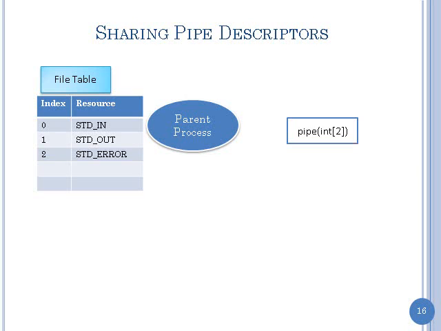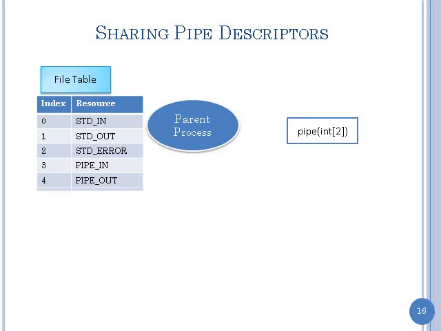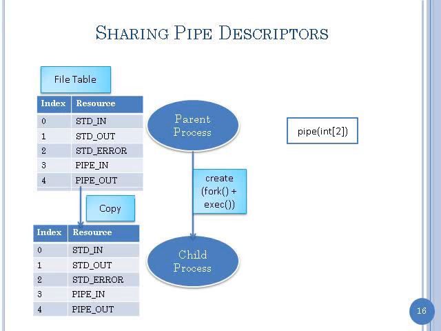And so parent process does a pipe call. Now the parent process has pipe in and pipe out, 2 new descriptors. Okay. What it does next is forks a child. The child will get all of these descriptors. One of the children is going to write and one of the children is going to read. So each child closes one of the descriptors it gets. Okay, it knows. That child is still a shell, by the way. That child is still executing the shell program. So this is all happening there. It's not in the exec so far.